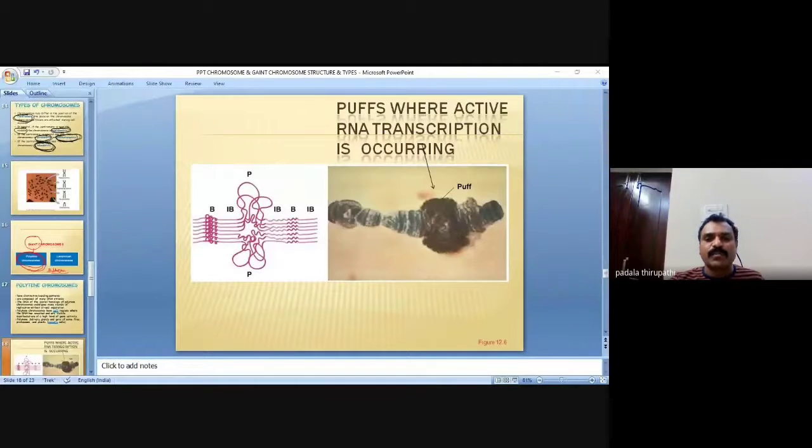Like a powder puff used in makeup, we observe a smooth, puff-like structure in the chromosome. The larger swollen area we call a puff. This puff we can also call the Balbiani ring.